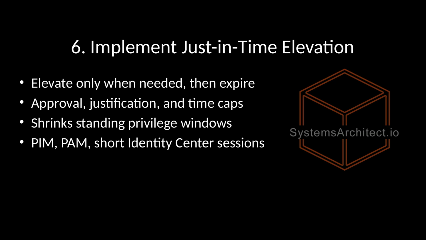On Azure, Privileged Identity Management makes roles eligible rather than always active, with portal activation, optional approval, and 1 to 24-hour caps. On GCP, Privileged Access Manager defines entitlements, who may request, duration, and workflow, with grants that expire without manual cleanup.